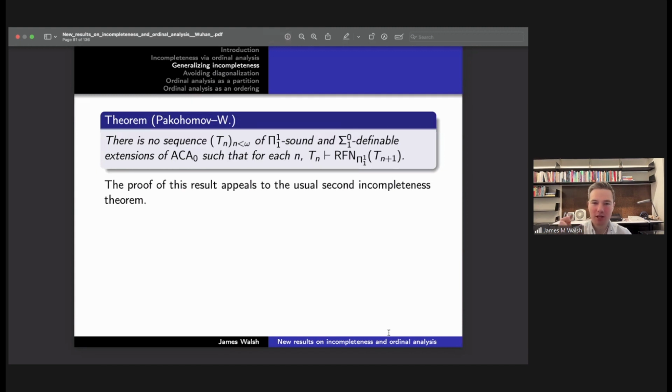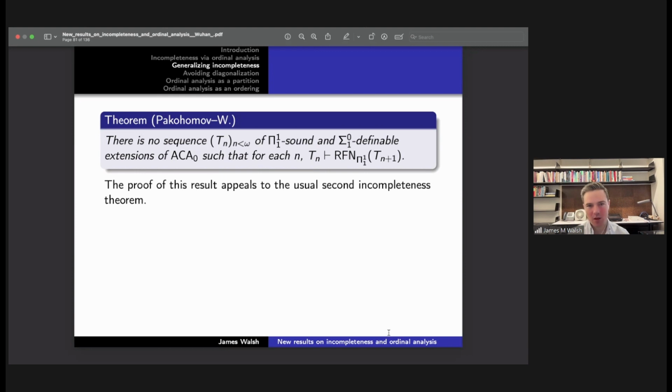The proof of this result appeals to the second incompleteness theorem, that is, the usual Gödel's second incompleteness theorem. The way that this result was proved was that we formulated a sentence, DES, for descending sequence, which says there exists a sequence of theories, all Π¹₁ sound, Σ⁰₁ definable, and each one proves the Π¹₁ soundness of the next.